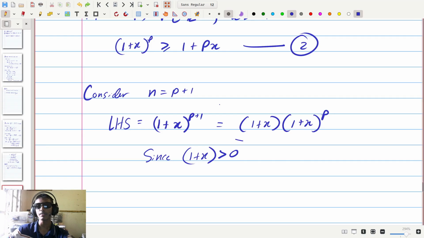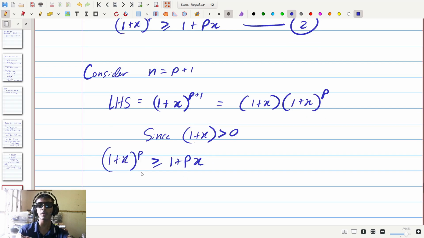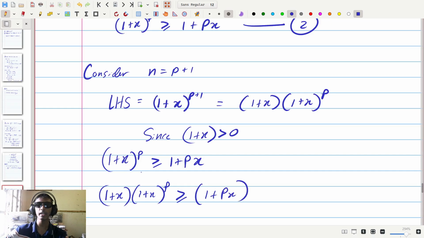So now, given this, we can write this equation at the top here, 1 plus x to the power of p, which is greater than or equal to 1 plus px, and say that if we multiplied both sides by 1 plus x, the inequality sign would not change direction, since this is a positive value, which would give us 1 plus x times 1 plus x to the power of p, which is greater than or equal to 1 plus px multiplied by 1 plus x, and that's that.